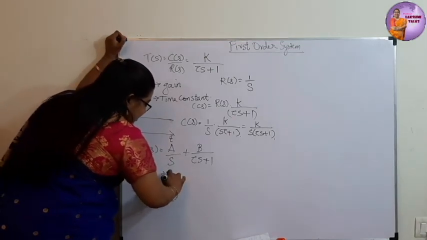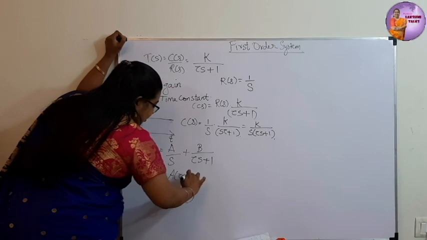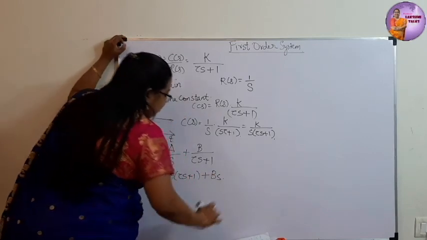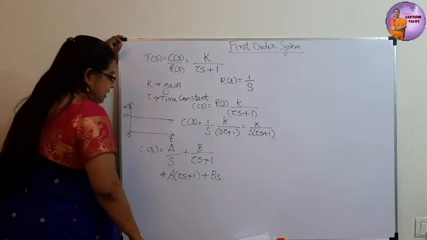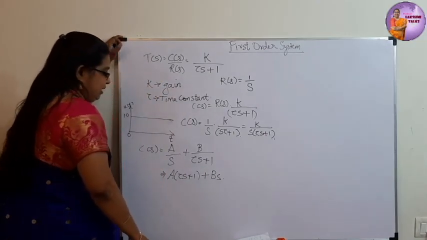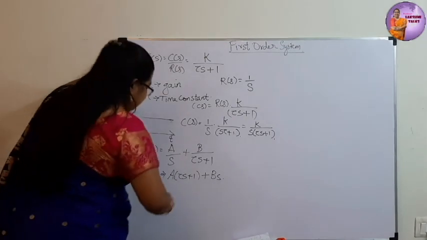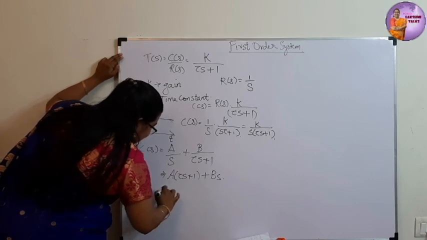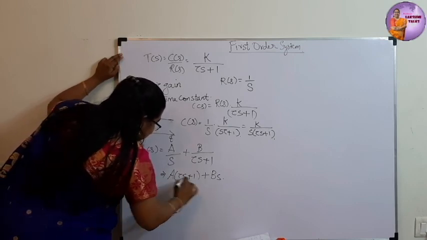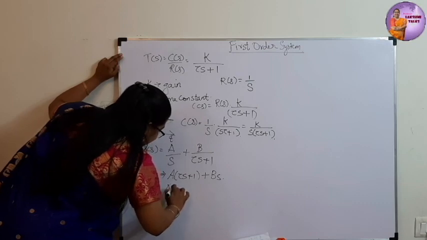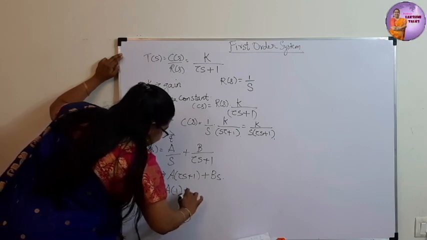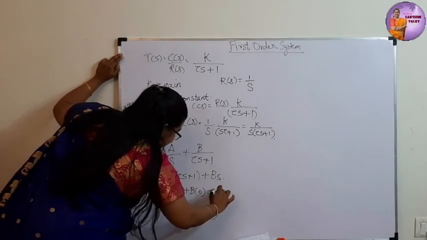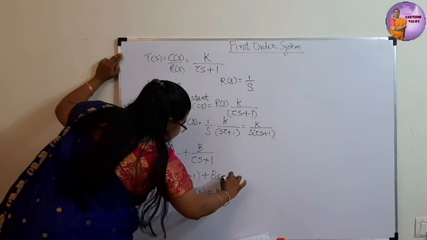Okay, so how can we solve this? A into tau s plus 1 plus bs, right? What happens when s is equal to 0? When we substitute s is equal to 0, this is equal to k.